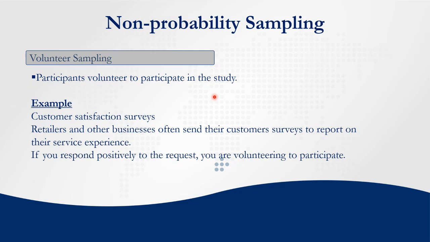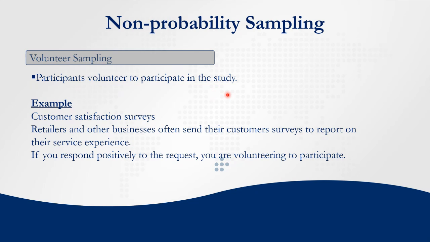You get a frame, you follow an approach, whether it's simple random, systematic, or stratified, and you only send the questionnaire to those that you have sampled. With a non-probability sampling approach, you would send to everyone. So if they give you a list of all the students, you would send to everyone, and it will be based on those who volunteer.